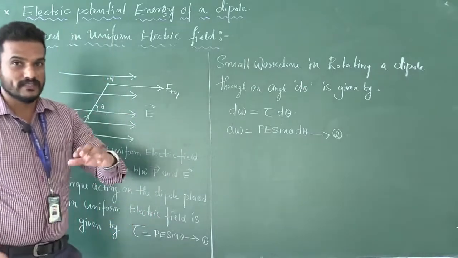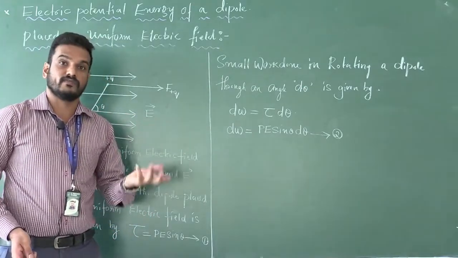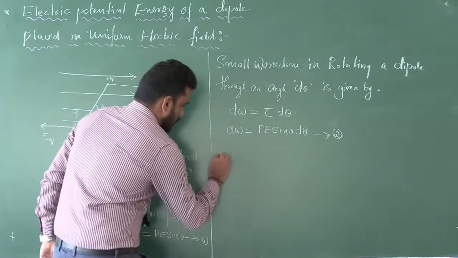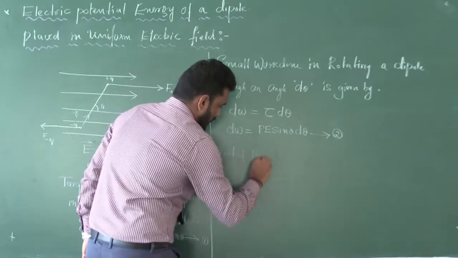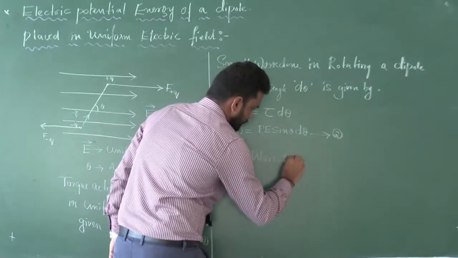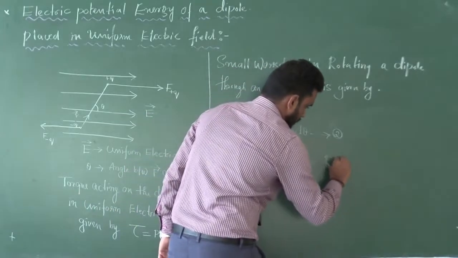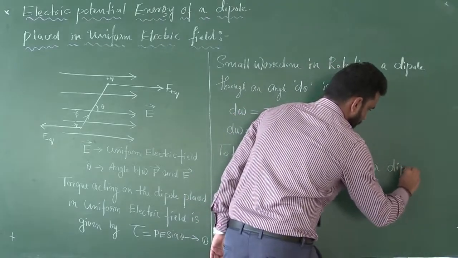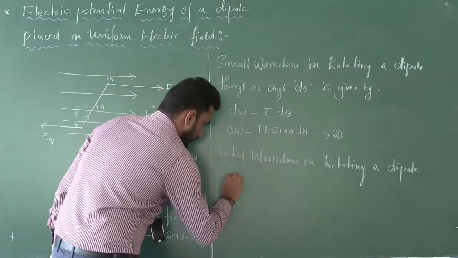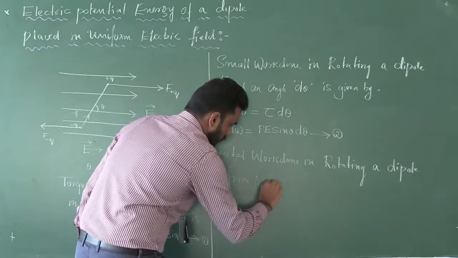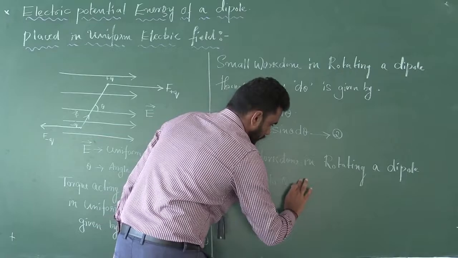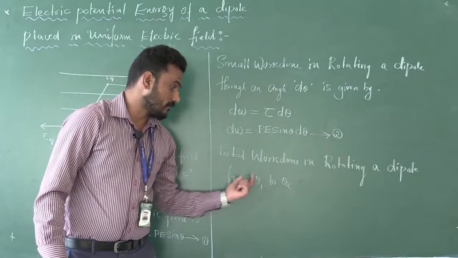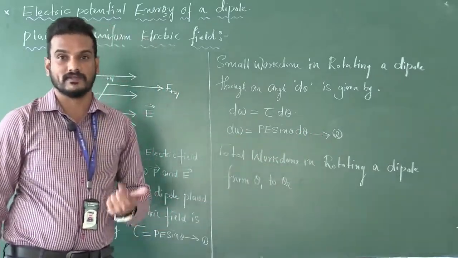So we calculated small amount of work done required to rotate a dipole through an angle d theta. Then what is the total amount of work done which we need to rotate a dipole from theta 1 to theta 2? Total work done in rotating a dipole from theta 1 to theta 2 can be calculated by using integration.